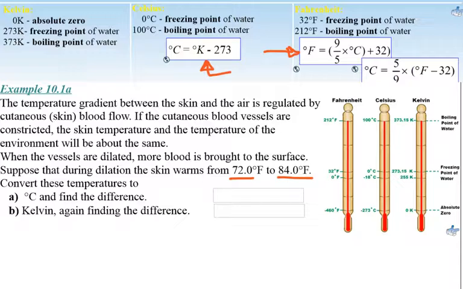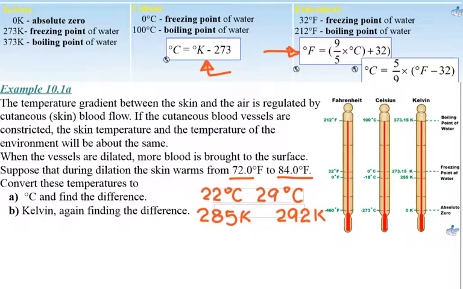So I'm just going to give you an answer, and you can try this. So you have 22 degrees Celsius and 29 degrees Celsius. So the difference is going to be 7 degrees Celsius. And for the next one, for Kelvin, you would get 285 Kelvin, and 292 Kelvin.